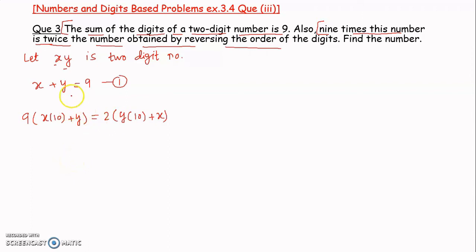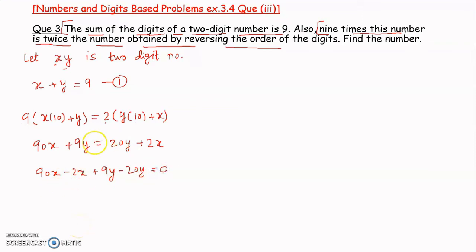Now if you simplify this, 9 multiplied by 10 becomes 90x plus 9y, equal to 20y plus 2x. Take the right-hand side terms to the left-hand side, so we get 90x minus 2x, and 9y minus 20y, equal to 0.